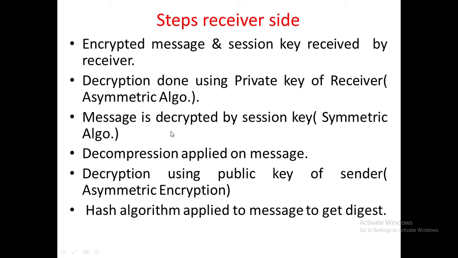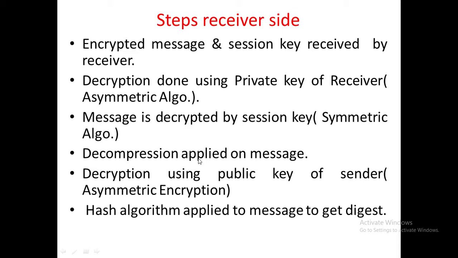So this message is decrypted by that session key, right? Once we have decrypted the message by the session key, we apply the decompression algorithm on it. Now we will get the actual length of that message. Now we will use the sender's public key and decrypt that particular message.